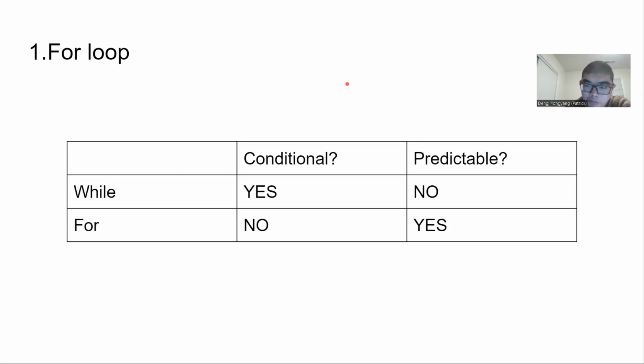And then we will have another one, which is predictable. While it's not predictable, as I said, predictable means you know how many times you're going to loop and do the same operation. For while, if I only check the conditions, maybe at some time, maybe after 1,000 times, maybe 999 times it is true and then it becomes false, and then I will return.